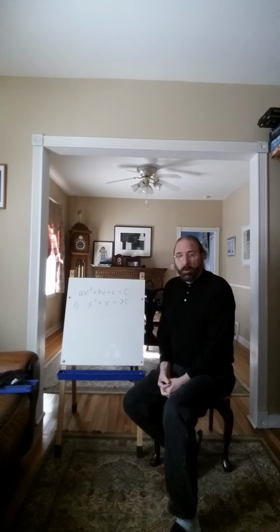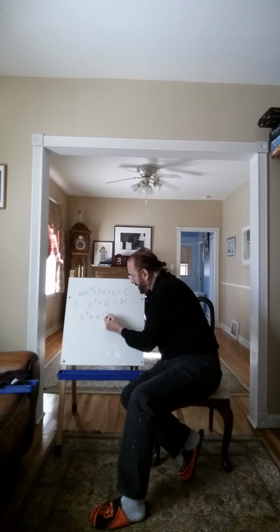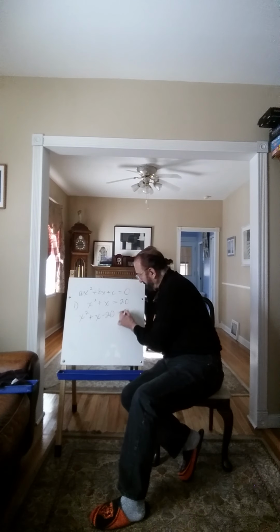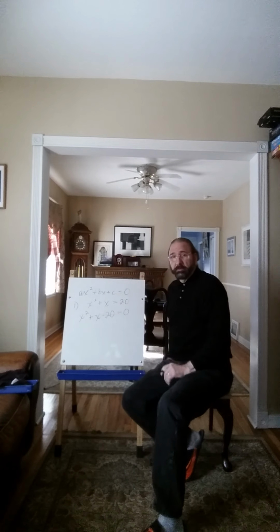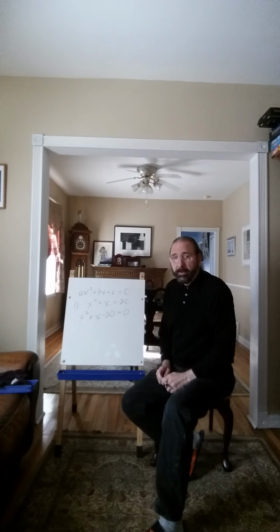And if you notice, if I subtract 20 from both sides, I'm going to have an equation of this form. I hope you can see that. Use a different pen here. So I'm going to subtract 20 from both sides. x squared plus x, now I'm subtracting 20. So over here I'm going to have my 0, but over here negative 20, right?